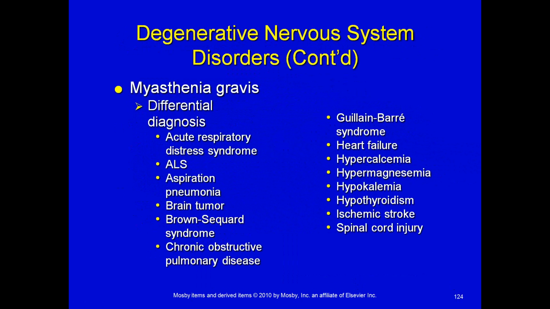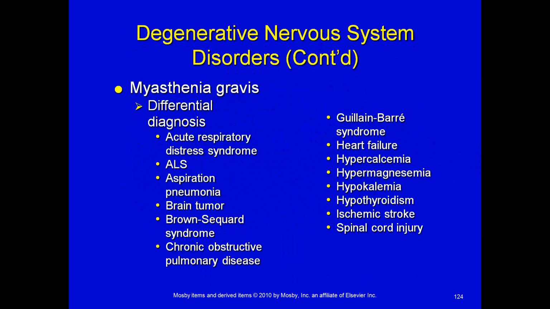Some differential diagnosis: of course, ALS, aspiration pneumonia, brain tumor. Brown-Séquard syndrome is a spinal cord injury. Chronic obstructive pulmonary disease could be a differential. Guillain-Barré, heart failure, hypercalcemia, hypermagnesemia, hypokalemia, hypothyroidism, ischemic stroke, secondary spinal cord injury.